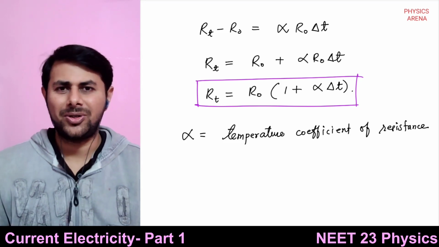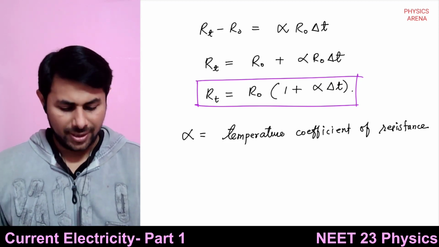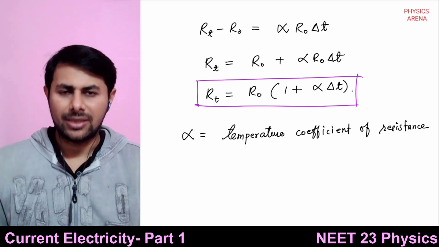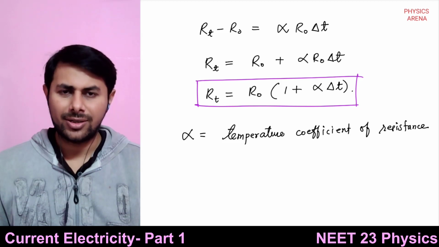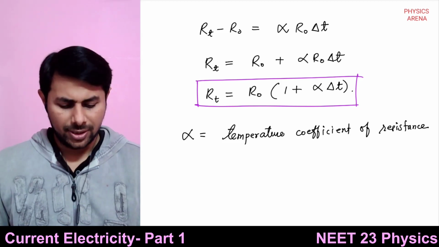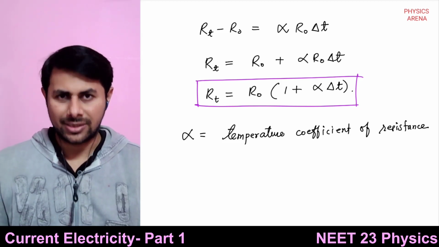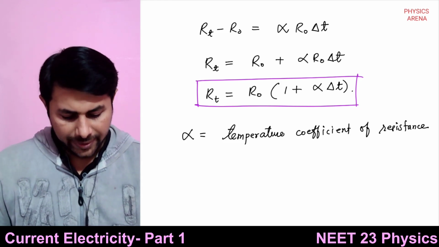It is positive for all metals. It is negative for semiconductors and insulators. The reason we had discussed yesterday, right?